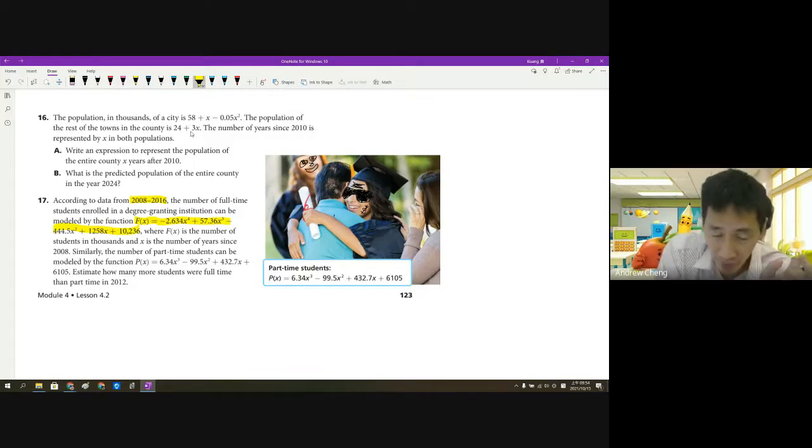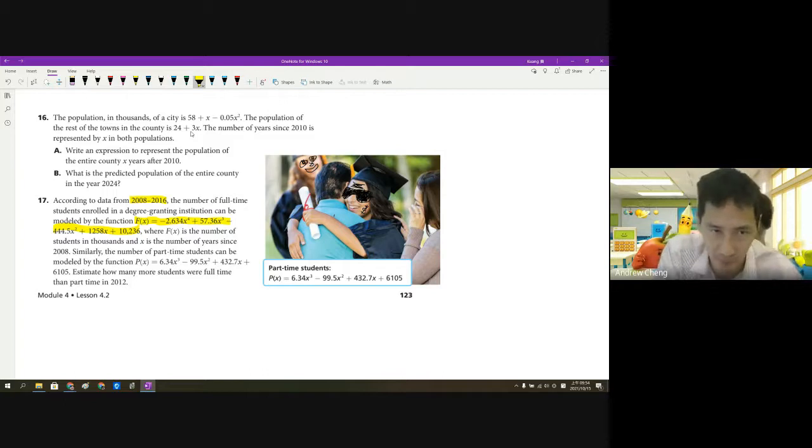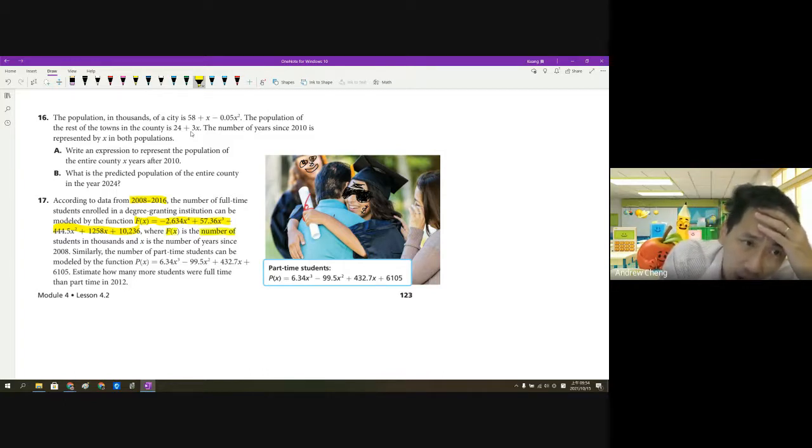Like I said, when you see a function, the first important thing is to identify what f represents and what x represents. It says f of x is the number of students in thousands, and x is the number of years, so x represents the time, right?